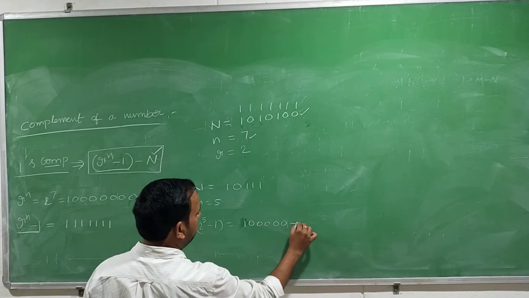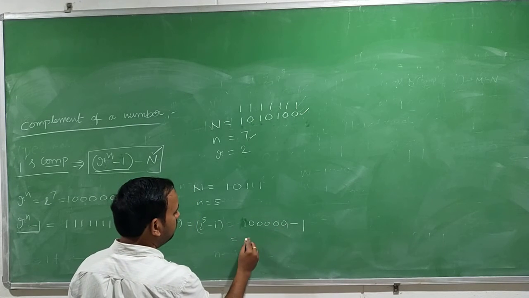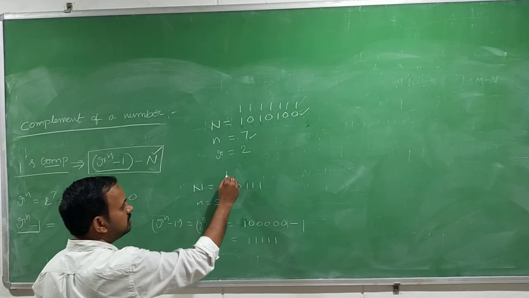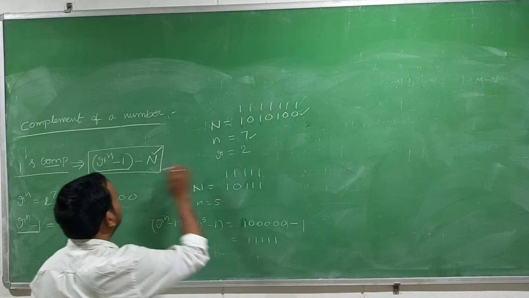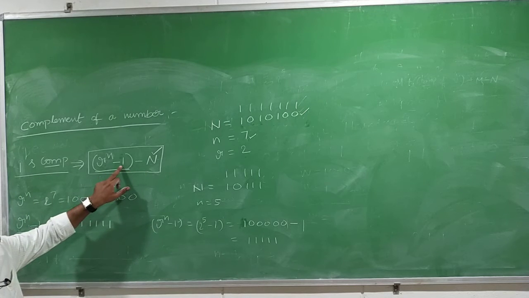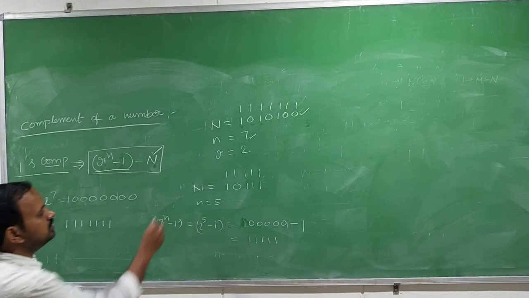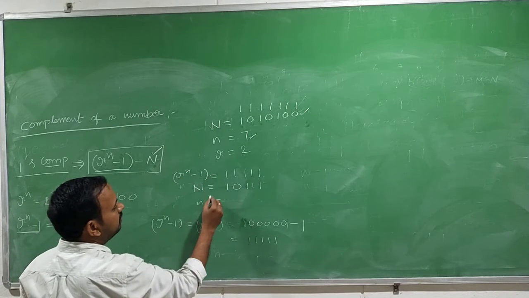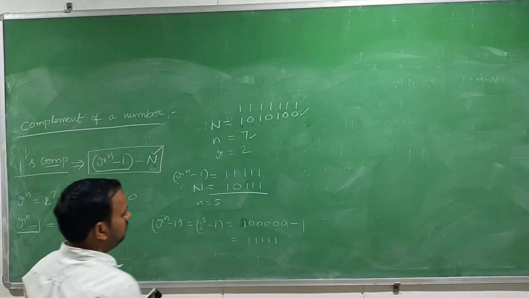As per the previous discussion, minus 1, so what you will get? 5 ones. That means the given number you are subtracting from 5 ones, as per this formula r power n minus 1 minus n.